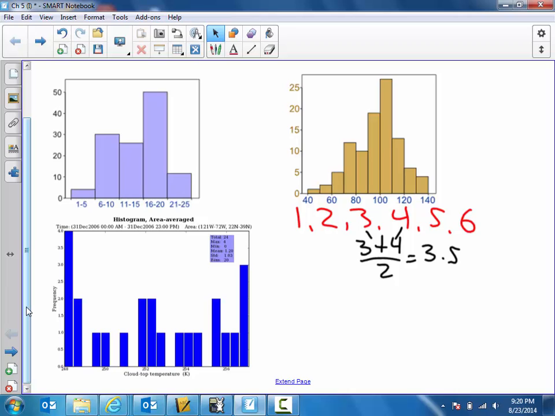Because of the area principle, we know these bins denote the amount of data falling in that range, 1 to 5, 6 to 10, 11 to 15. So it's simply a matter of doing one of those vertical slices that I've done with the dotted lines. It would be about here that we would have the cut for 50% of the data, and that would be our median.